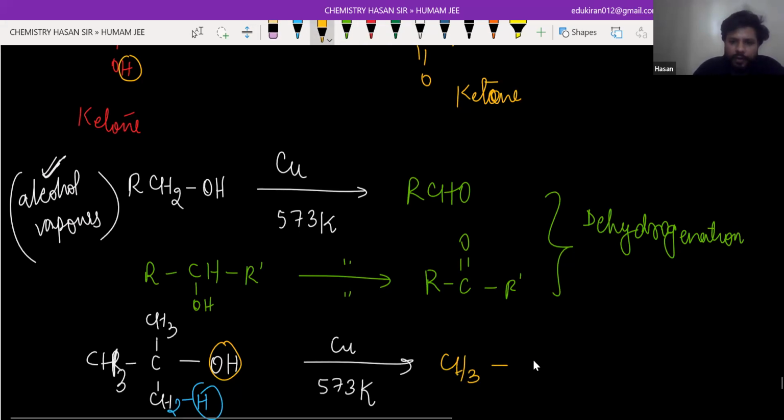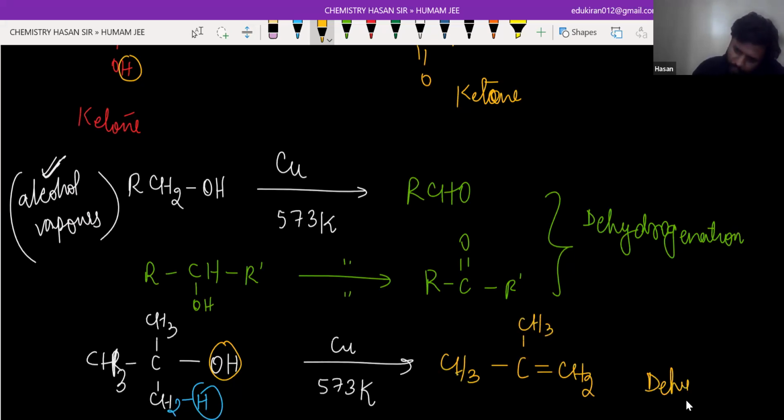And this will be CH3, C double bond CH2, and CH3 was there. So with tertiary, dehydration took place. Very simple it is.